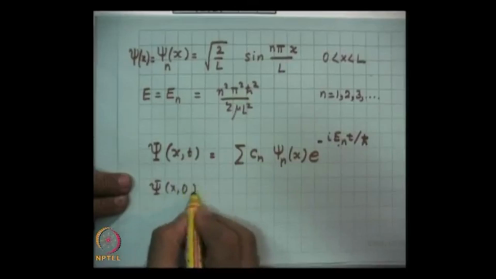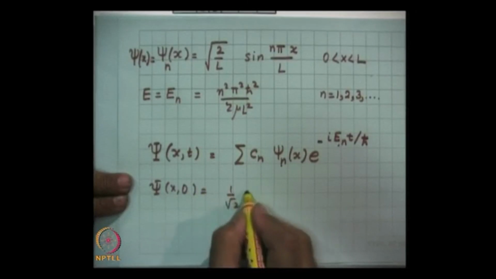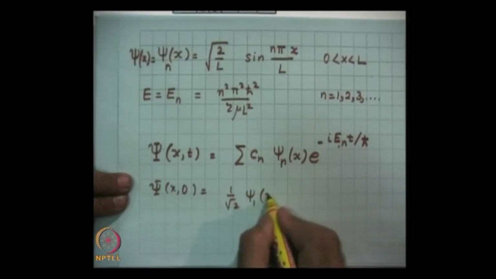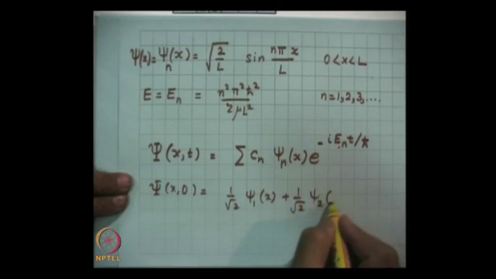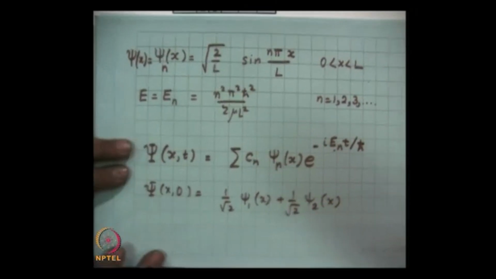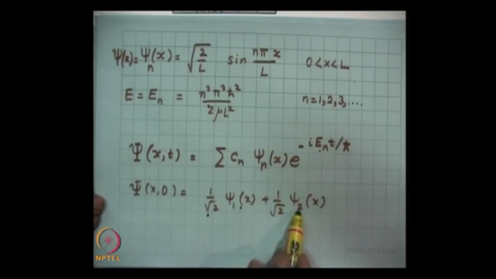Let us suppose you superpose only two states. At t equal to 0, you can have 1 over root 2 psi 1 of x plus 1 over root 2 psi 2 of x. That means there is a half probability of finding it in the first state and a half probability of finding it in the second state.